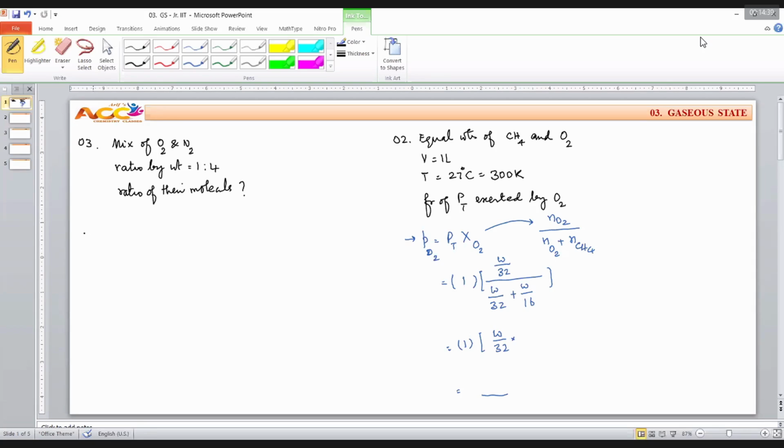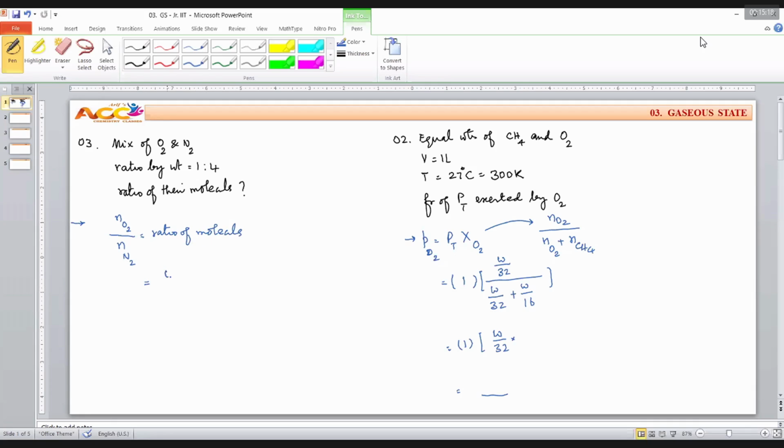Okay, no problem. Suppose I want to find out the ratio of molecules. I'll find out the ratio of moles because 1 mole contains Avogadro number of molecules. Therefore, if you calculate this, automatically you get the same answer because if you multiply Na and Na, that will cancel out.